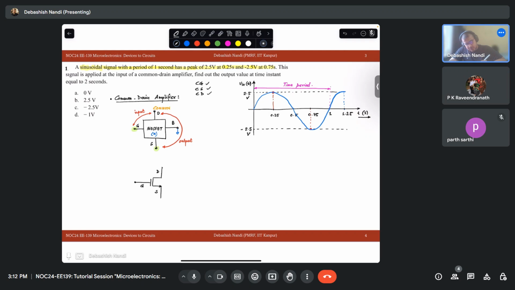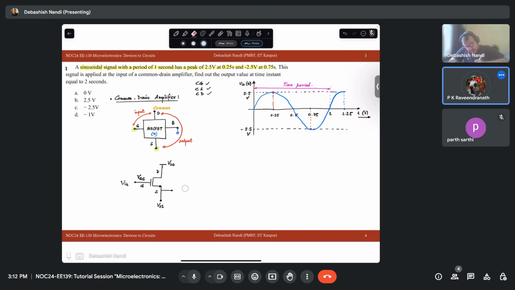This is VDD. Here you apply your V in and also your VGG. And then you will have your VSS here and you will probe your V output from here.